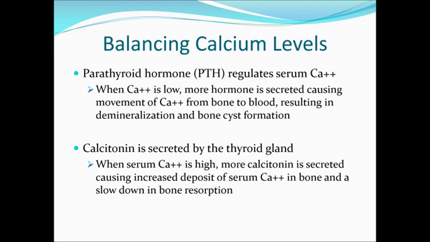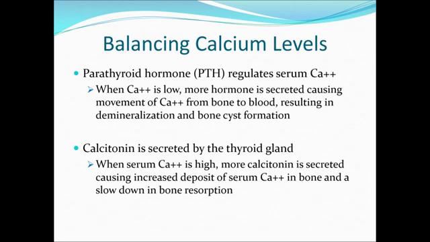On the flip side, if calcium levels are normal in the blood or a little bit higher, higher end of normal, the body will be like, okay, I can take some of this extra calcium and put it into the bones. Now, calcitonin is secreted by the thyroid gland. So when serum calcium is high, more calcitonin is secreted, causes deposit of the serum calcium in the bone, and a slowdown in the bone resorption.